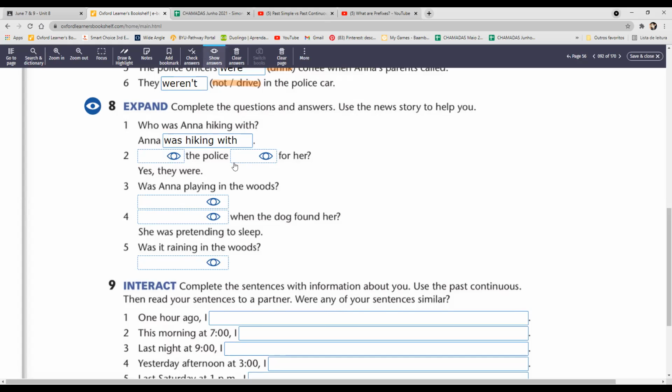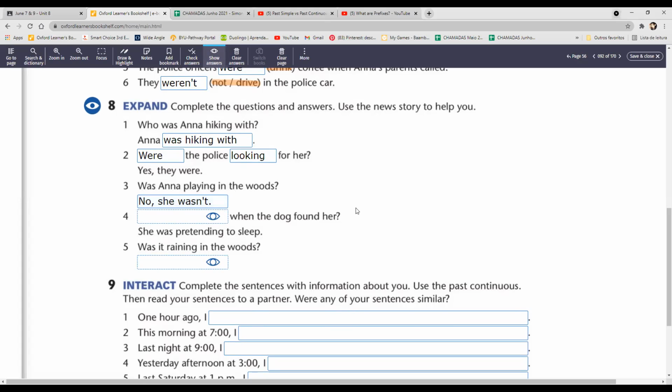No idea? Were the police looking for her? Yes, they were. Now, was Anna playing in the woods? No, she wasn't. Okay.